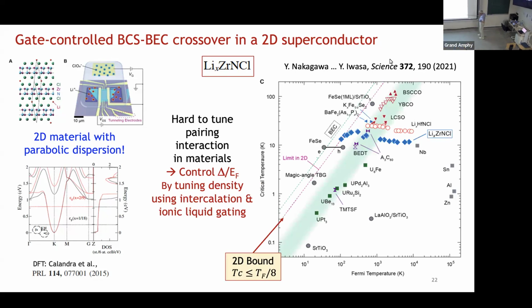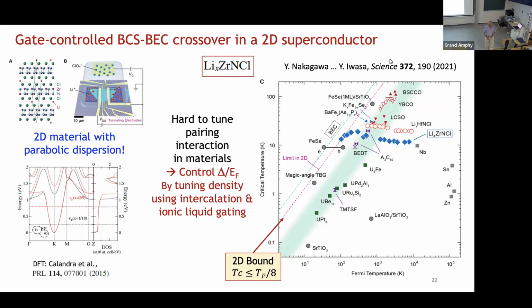He's changing the Fermi temperature, which is proportional to the density in this 2D system, by more than 2 orders of magnitude. And this is quite a high transition temperature. It's around 20 Kelvin for this very low density system. But it comes and just saturates our bound. This is the parabolic system where our bound has been experimentally tested.